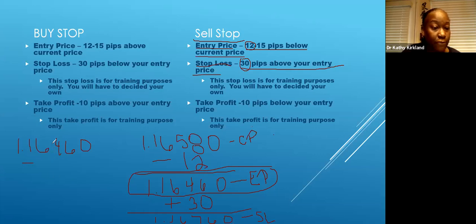So you're going to subtract from the third and the fourth number behind the decimal place. And we're going to subtract 10 pips. Now remember, this 10 pips is for training purposes only. You can put any number there that you believe where it's going to go, or where you want it to go, to your take profit. But I'm going to say, I just want 10 pips.